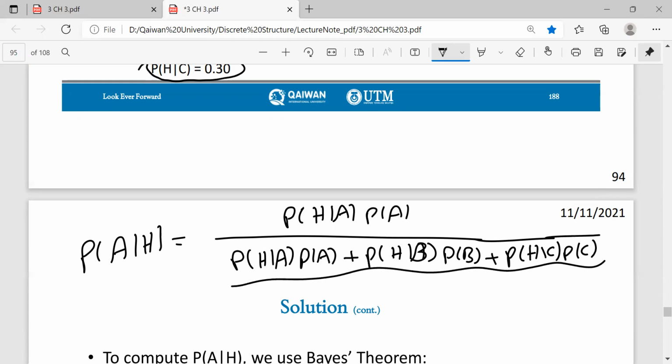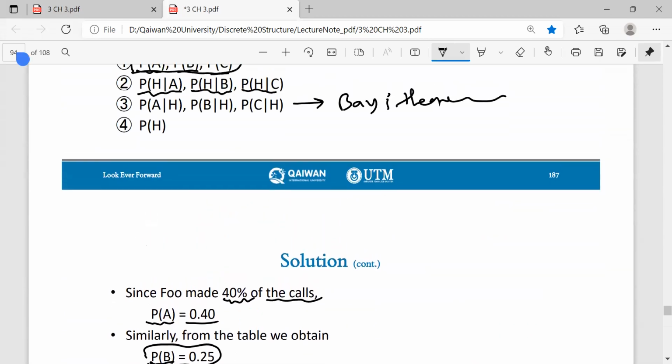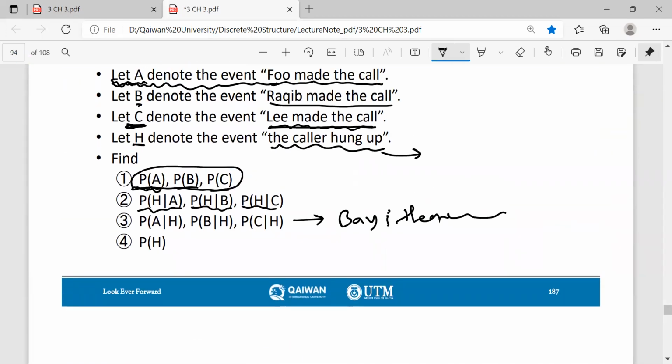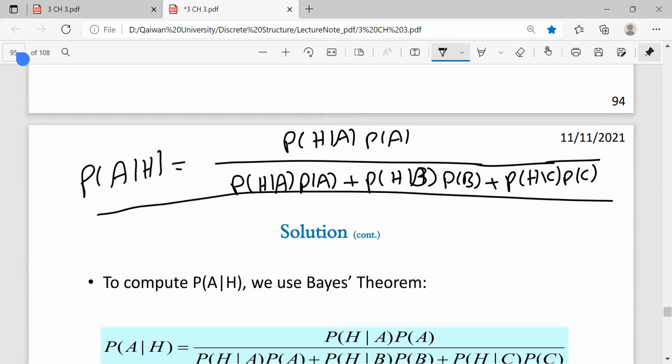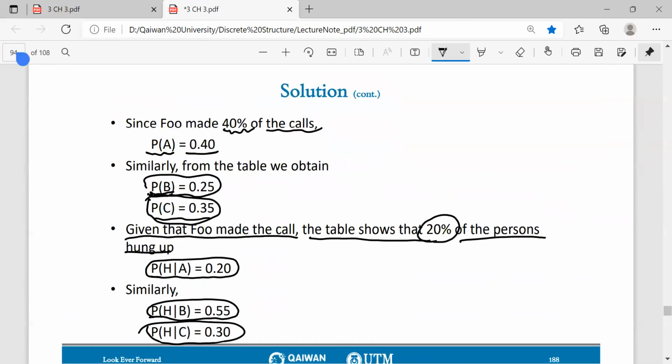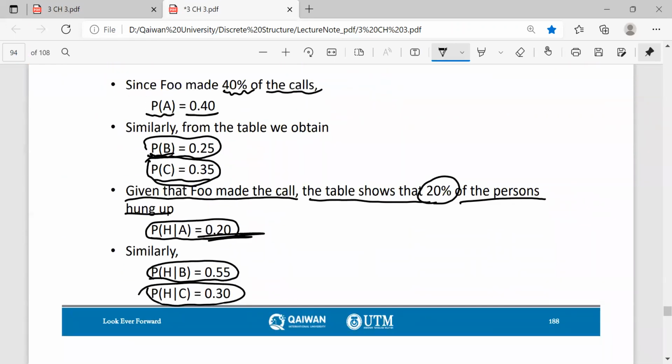We found these all in the previous steps, in step 1 and 2. As you see here, we found the probability of A, B, and C, and also the probability of H given A, H given B, and H given C. We just put these values into this rule, so you will get the result. The probability of H given A is 0.20.